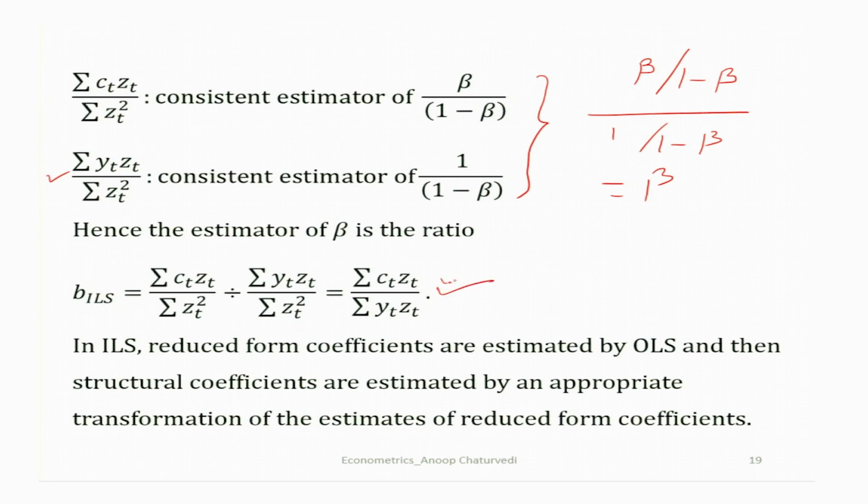you get this estimator. So, in the method of indirect least squares, how do we proceed? We estimate the reduced form coefficients using the OLS procedure.